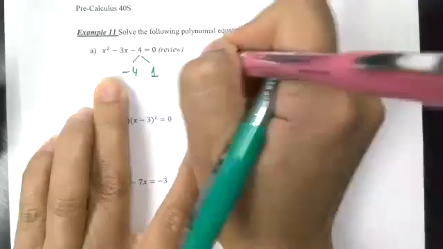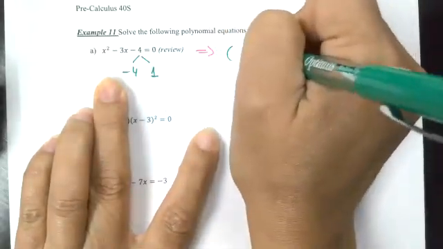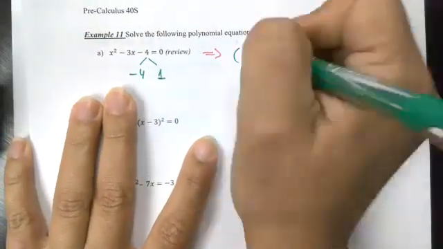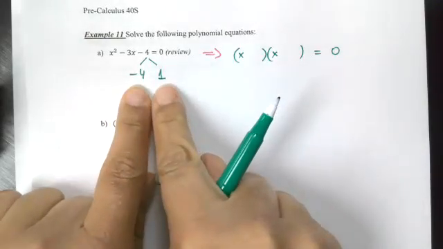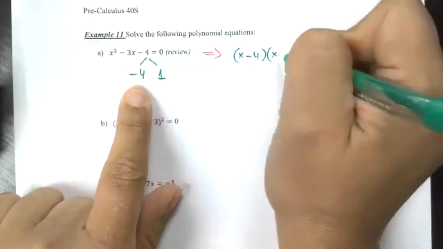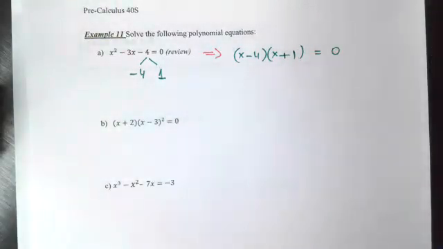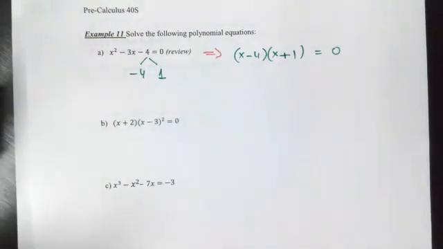That means my equation would look like this. 2 brackets, each of them would have x in the bracket, and then I'm going to use the factors inside those brackets. (x - 4)(x + 1) = 0. And now, once you have it in factor form, we can do what we call splitting and solving.